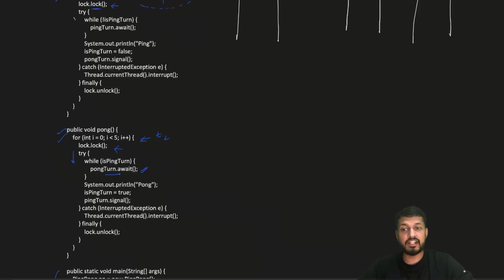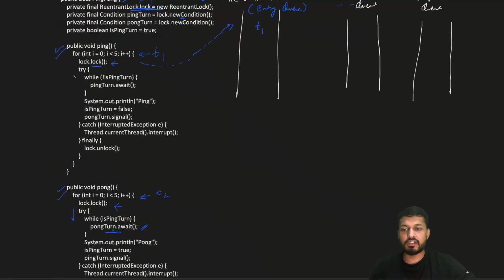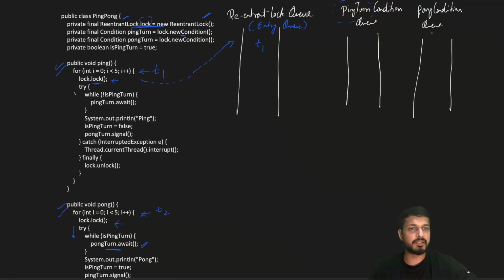You have to wait on the pong turn condition. So T2 will wait on the pong turn condition. Pong turn condition has a separate queue which was initially built, which is the pong condition queue. So after pongTurn.await, T2 will wait inside this pong condition queue.